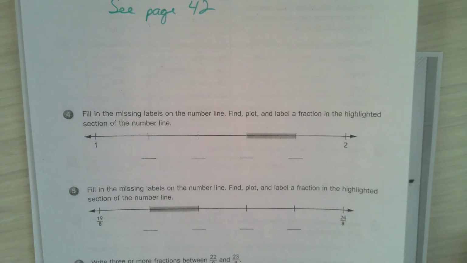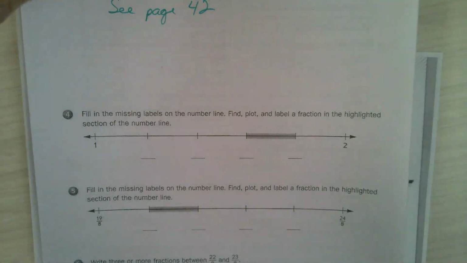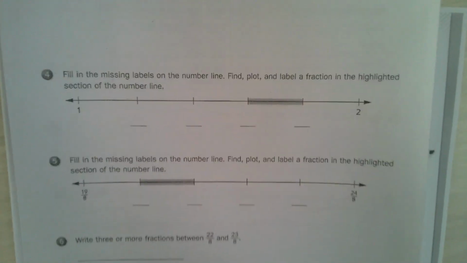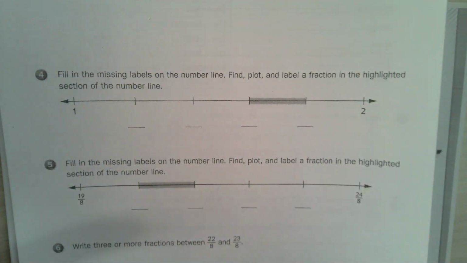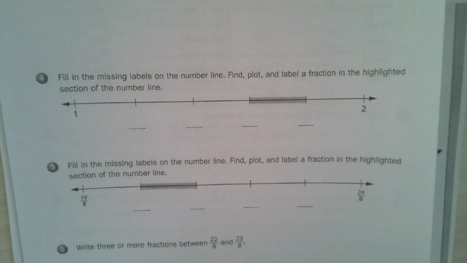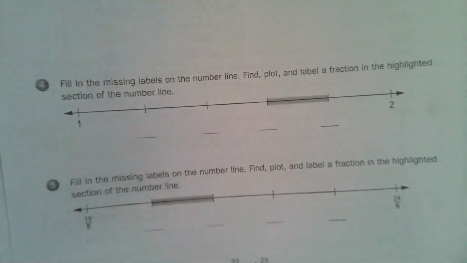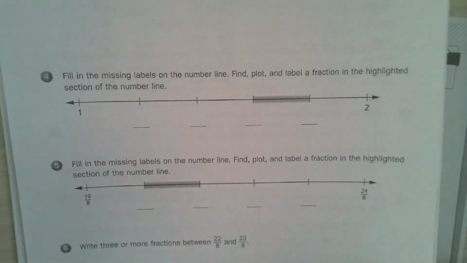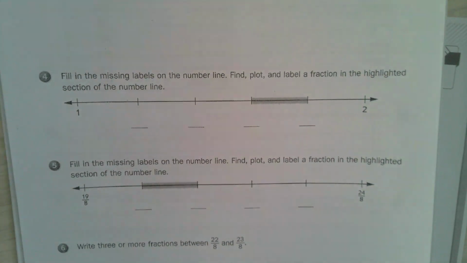Fill in the missing labels on the number line. Find, plot, and label a fraction in the highlighted section of the number line. First, we have to figure out what they're going by. It looks like we're going by fifths.